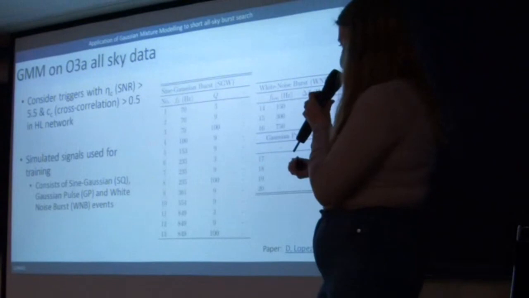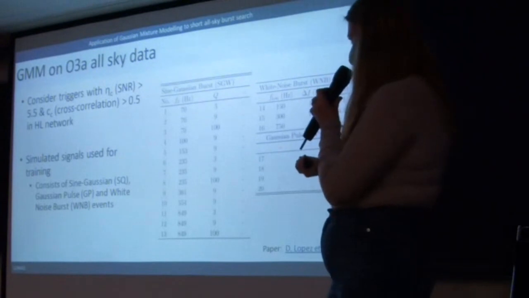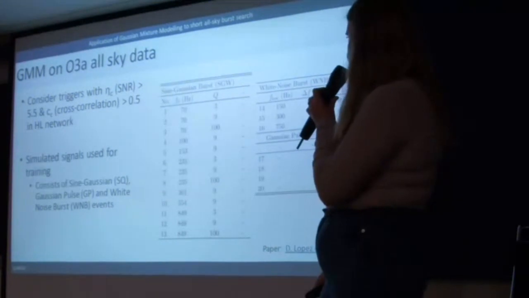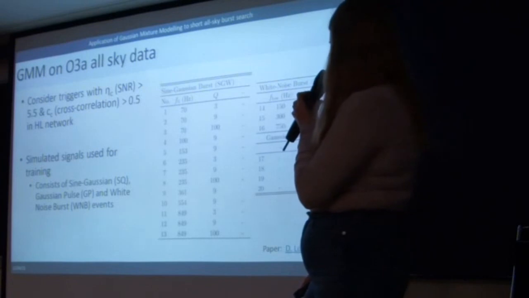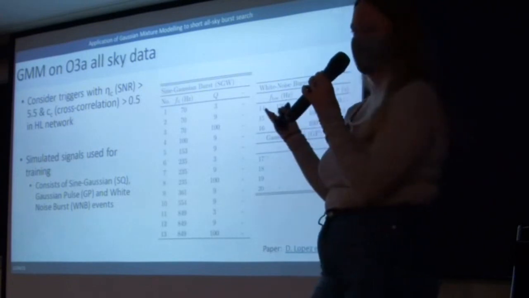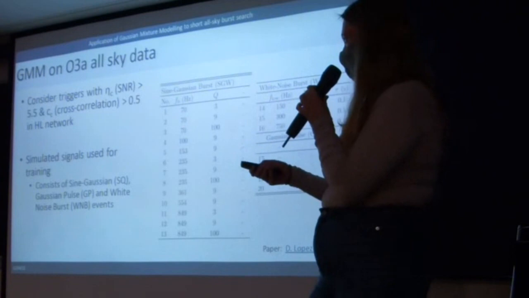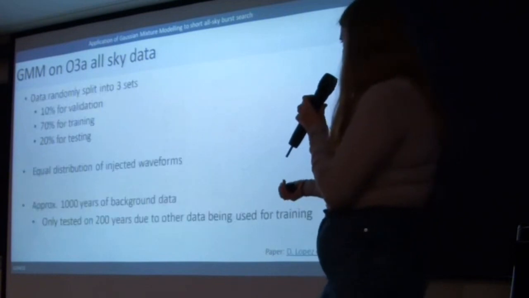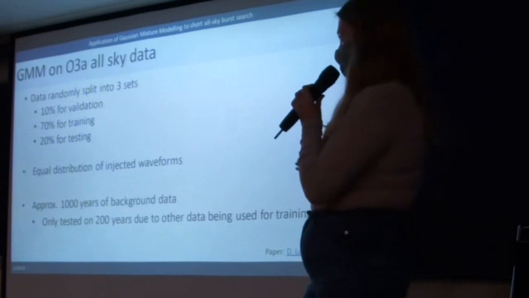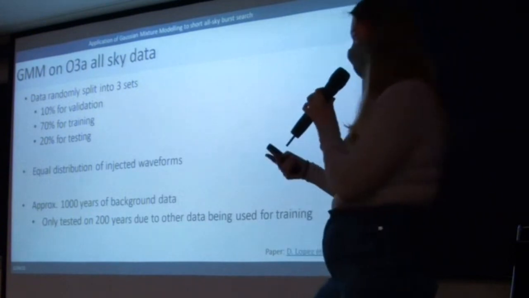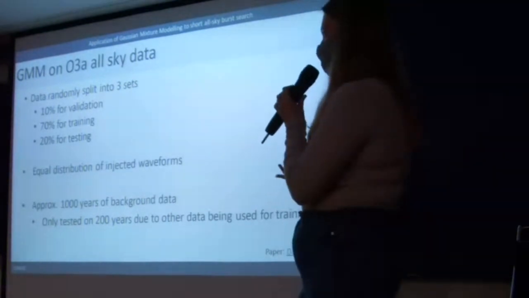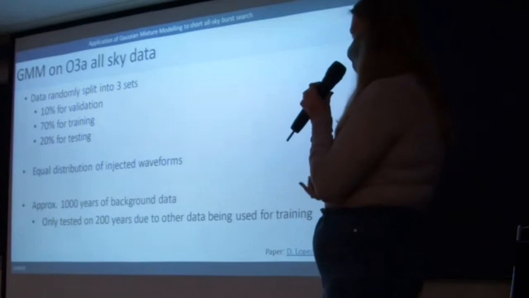These are the simulated injections that we used for training our model. We have a range of different sine Gaussians, white noise bursts, and Gaussian pulses. These are standard to the O3 all-sky short search. So we randomly split up the data into 3 sets. 10% for validation is what we use to calculate the BIC and the number of Gaussian components needed.